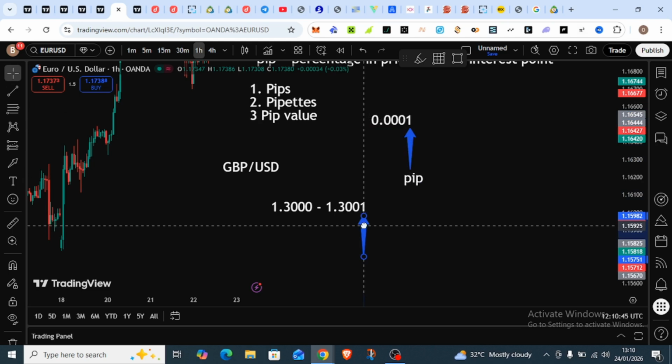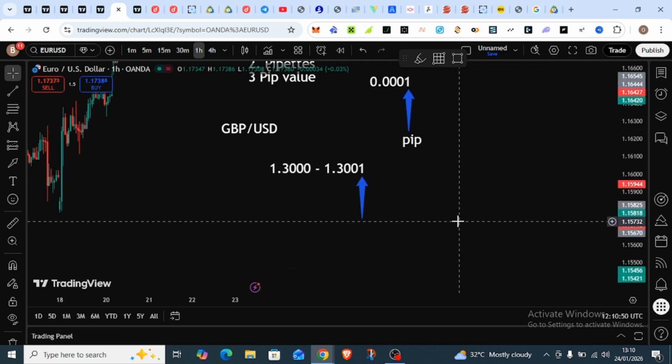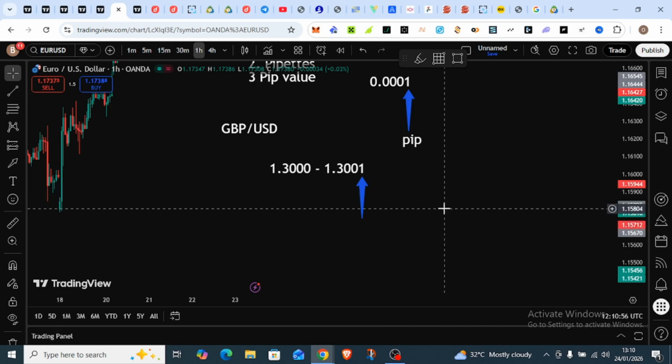It has moved 1 pip. So that's a 1 pip increase.